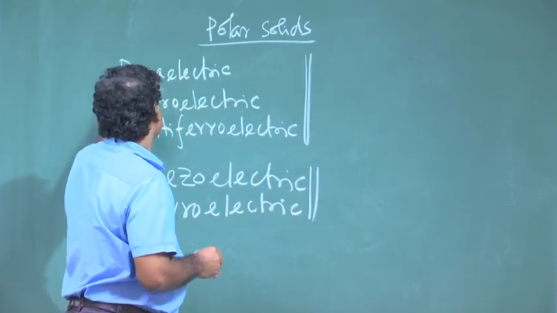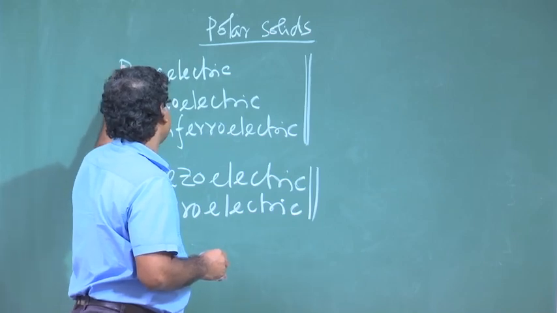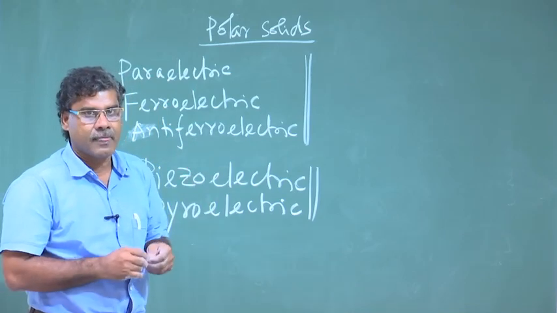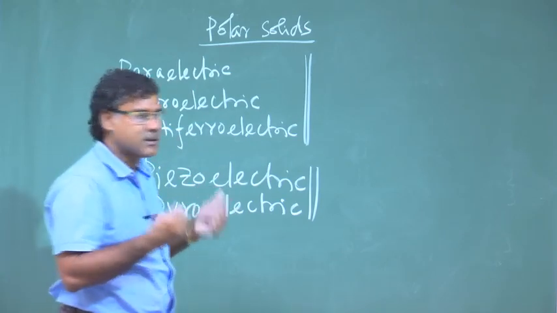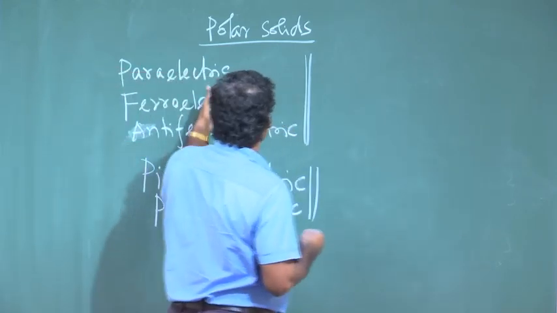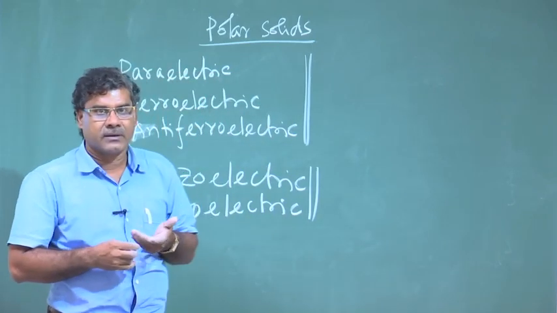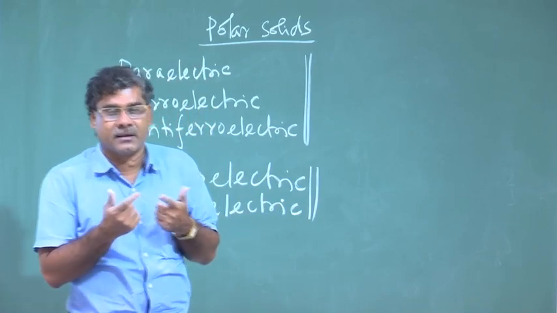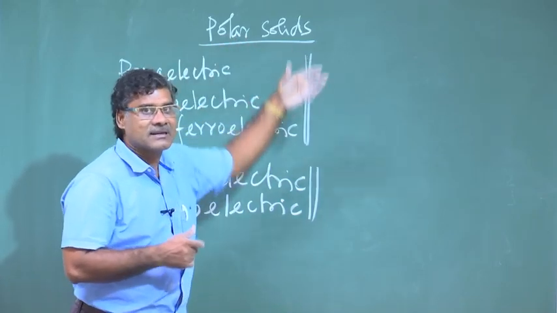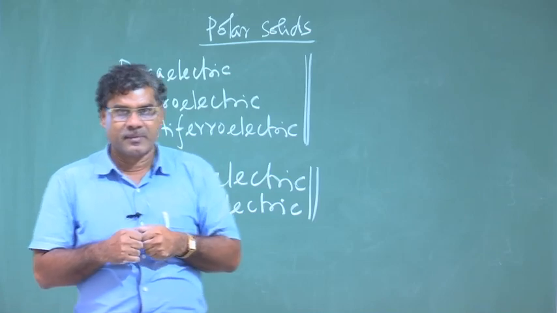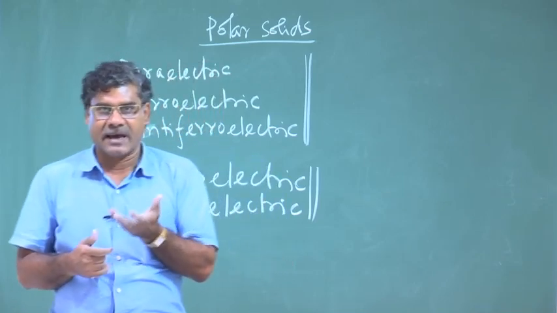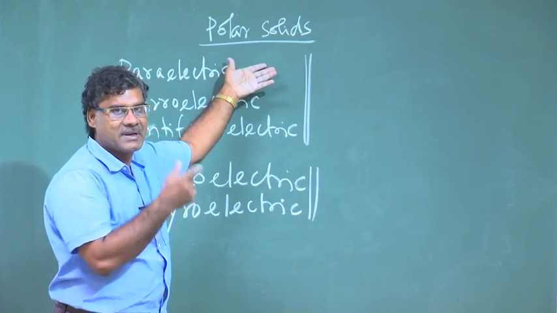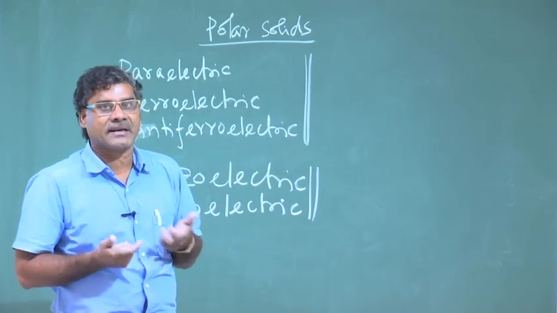So, there will be a paraelectric to ferroelectric phase transition, which is also similar to the Curie-Weiss law. To explain this, in case of paraelectric, as I told earlier, it is basically like a paramagnetic gas, a dielectric gas. So, basically that is paraelectric gas.